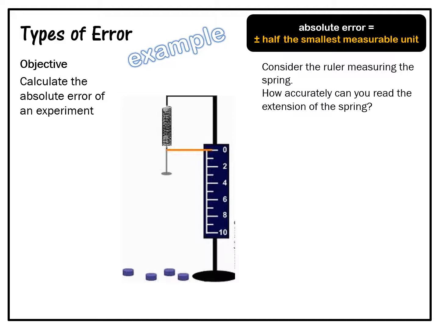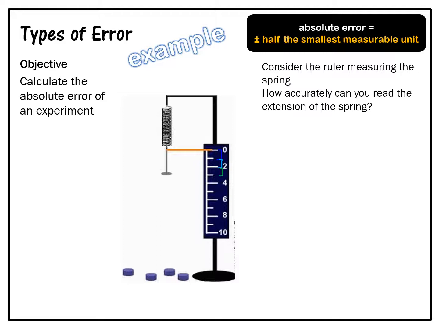Here we have a ruler measuring the extension of a spring. How accurately can you read the extension of the spring? Ask yourself. You should see that on our ruler here, the gap between here and here is 1 centimeter, and the subsequent gap that follows on from there is 1 centimeter, etc. So the smallest measurement that we can make on this ruler is 1 centimeter.